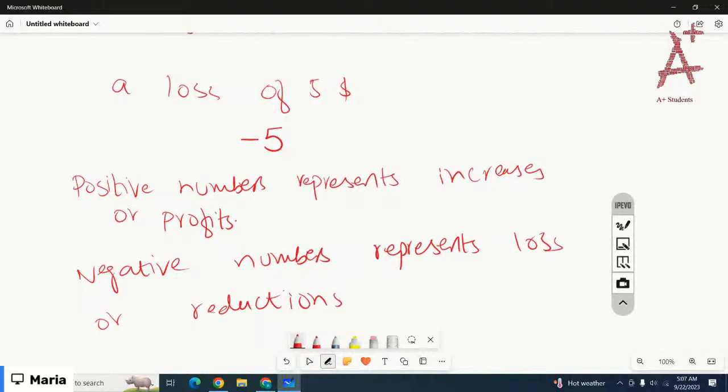So whenever you have to represent a loss or reduction, always use a negative number. And if you have to represent an increase or profit, use a positive number, right?